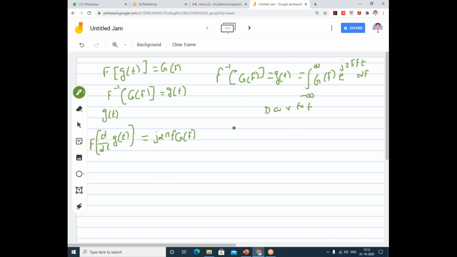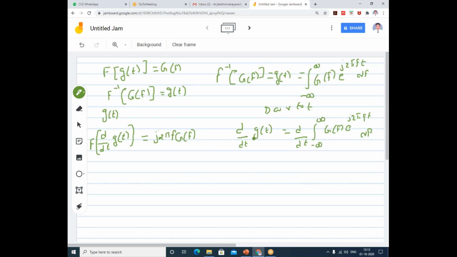Then you can write d by dt of g of t, which is nothing but the inverse Fourier transform of G of f, equal to d by dt of the integral from minus infinity to plus infinity of G of f e power j 2 pi f t df. Now please try to understand.